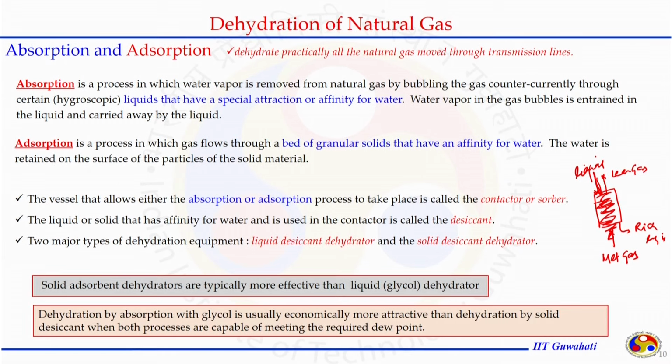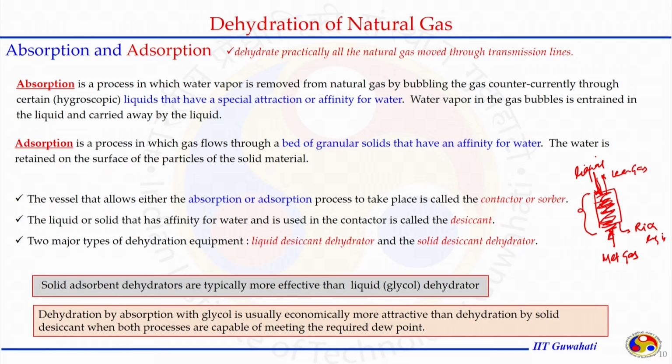So, if we talk about the nomenclature for the absorption and adsorption process, the vessel that allows either the absorption or adsorption process to take place is called the contactor or absorber. So, these vessels or towers are a contactor or absorber. If we are talking about specific terminology, in case of absorption it is an absorber tower, or in case of adsorption it is an adsorption tower.